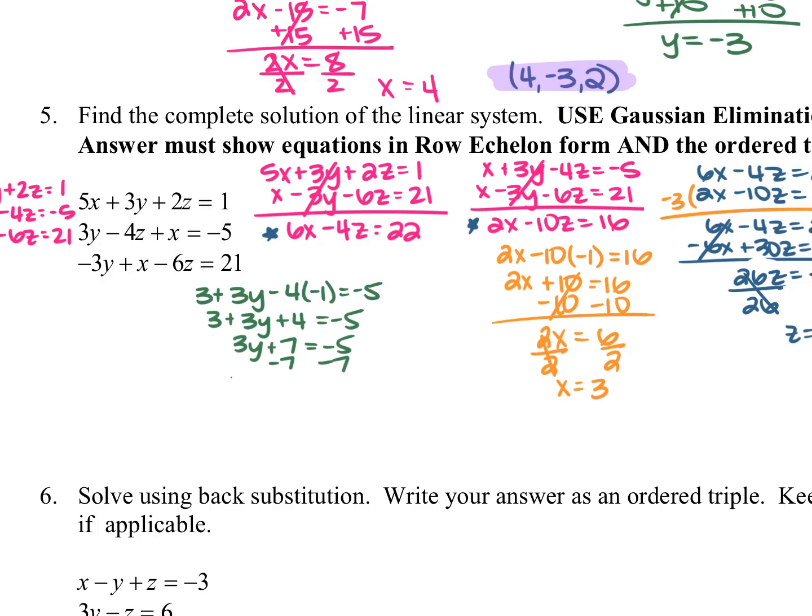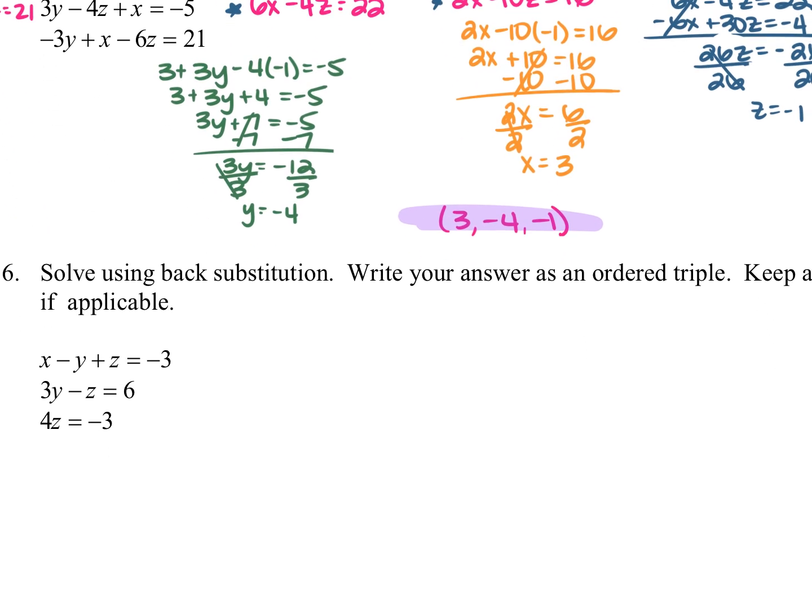Subtracting the 7 over gives you 3y is equal to -12. Divide each side by the 3, and you have that y is -4. So 3, -4, -1 is the ordered triple. That's your solution.